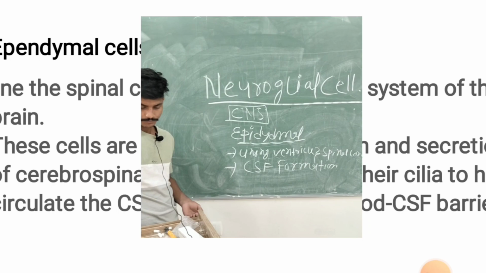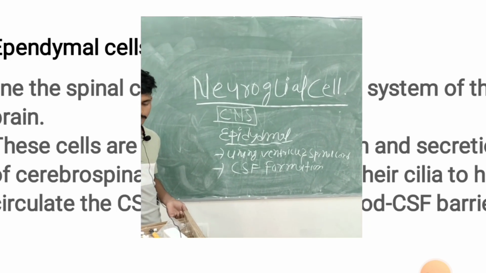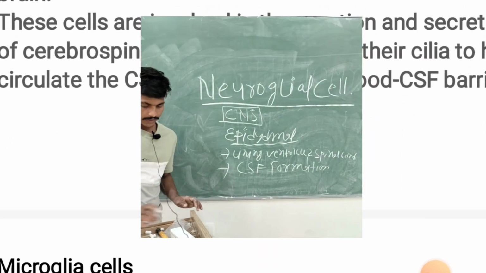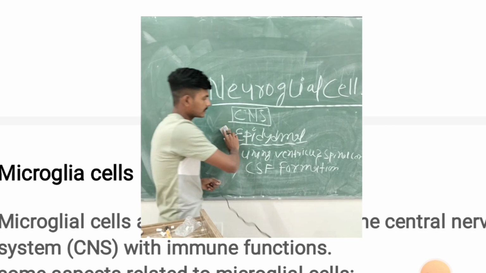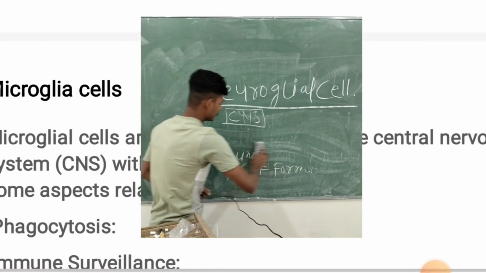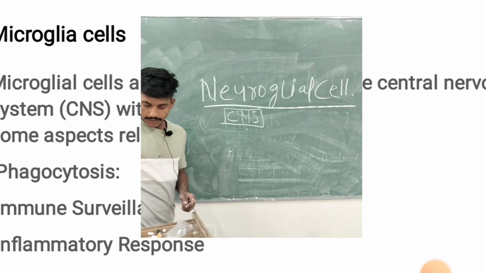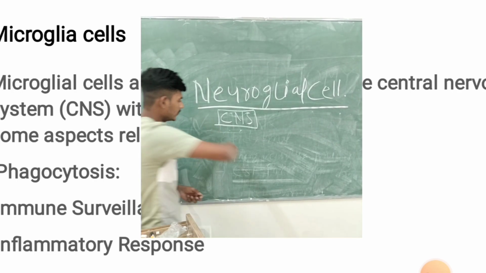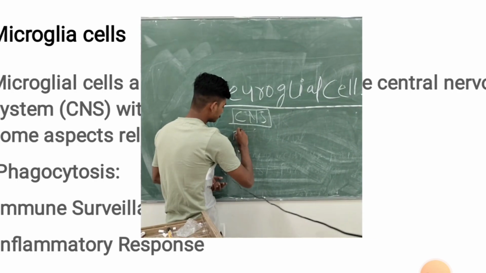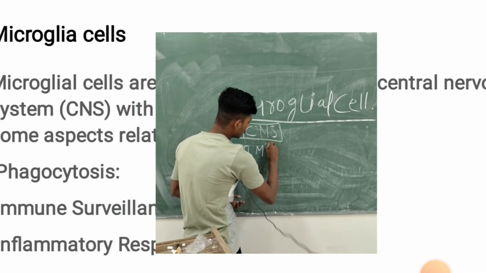Now, after discussing the ependymal cells, we will discuss the microglial cells, which are another class of neuroglial cells present in the central nervous system. These microglial cells basically perform the immune function in the central nervous system.